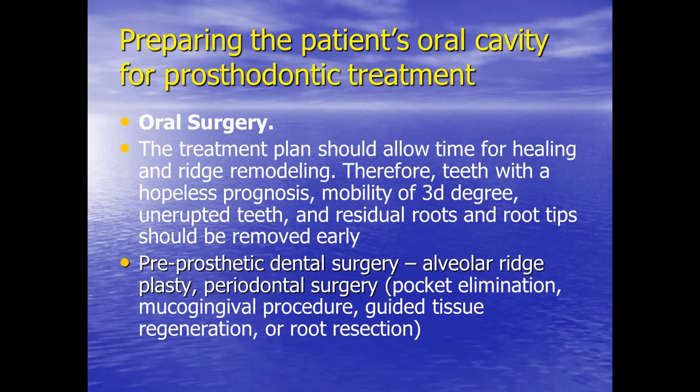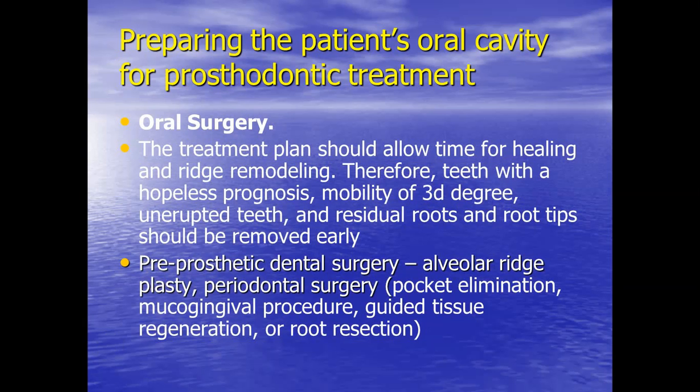Normally, we need to wait about a month for fixed denture making and about 2 months for removable denture making to let the alveolar ridge heal in the proper volume. So, extraction of teeth is usually supposed to be done as early as possible, possibly even before the conservative treatment by therapeutic dentist.